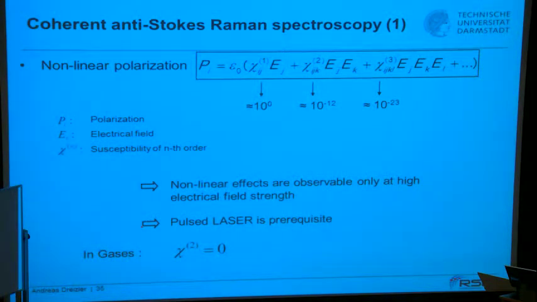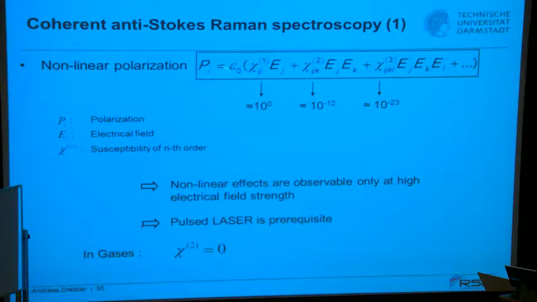You have an electrical field that is changing in time, and that imposes a force onto your molecule such that the electron cloud and its orbitals change position relative to the nuclei. This is an induced polarization.